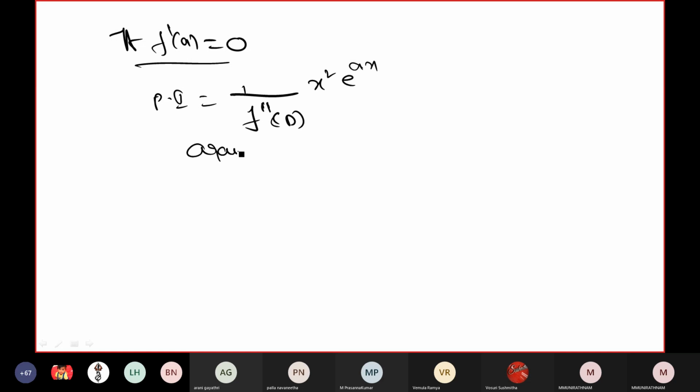So again put D equal to a. So 1 by f double dash of a, x square e power ax.